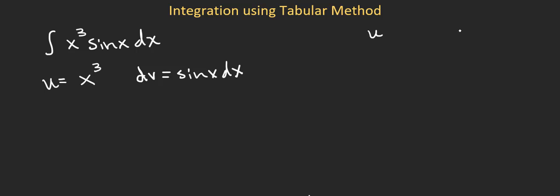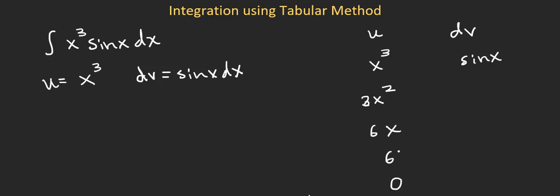So u and dv: x cubed and sine x. What's the derivative of x cubed? It's 3x squared. The derivative of 3x squared is 6x. The derivative of 6x is 6, and then it's 0. Now here you take the antiderivative. What's the antiderivative of sine x?